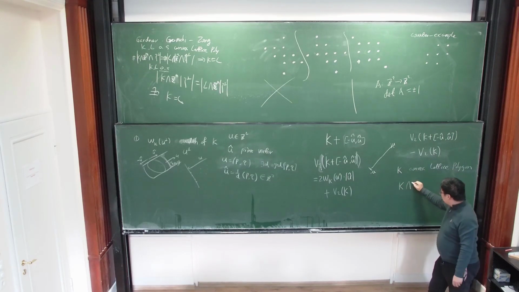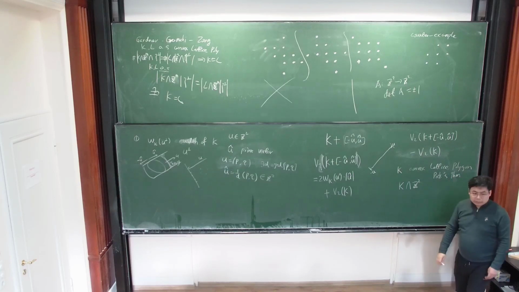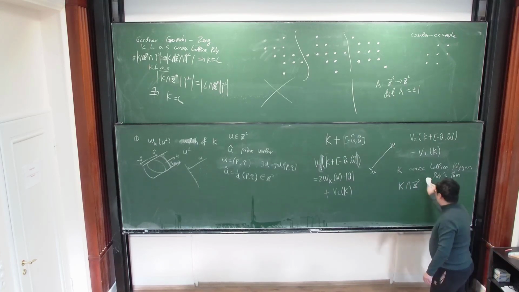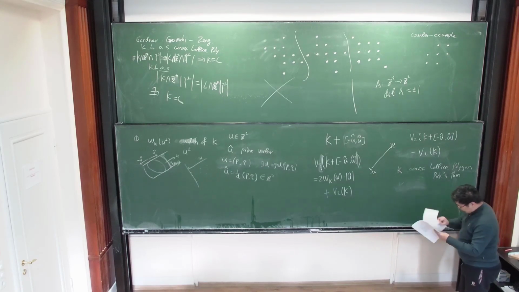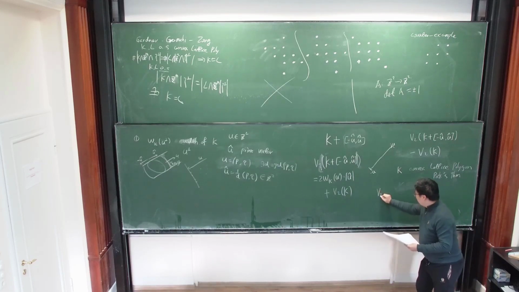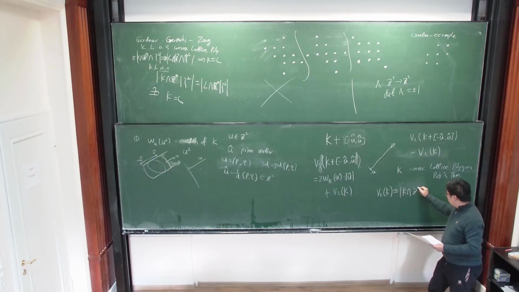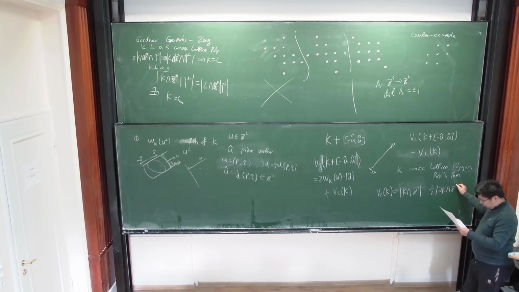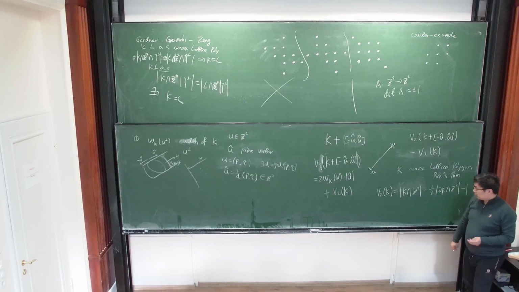Then K intersect Z^2, this number satisfies the so-called Pick theorem. Pick's theorem tells you that for any such convex lattice set, the volume of K is exactly equal to the number of integer points minus half the boundary points, minus one. This is Pick's theorem.